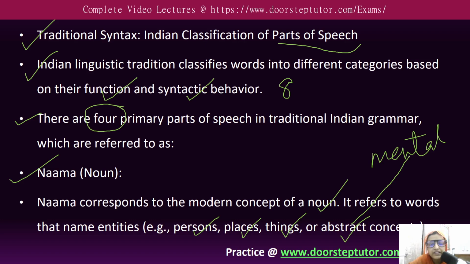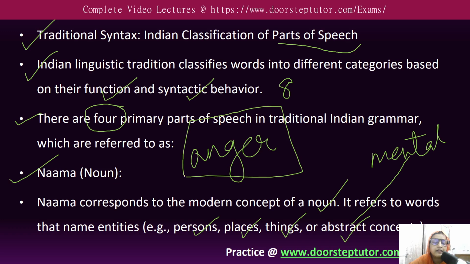Okay, so whenever we think of such concepts, we have a name for these concepts. For example, anger. If you are not exhibiting acts of anger, acts of violence, yet you are angry, there is a term for it which is known as anger. Now, what do you think is the meaning of anger? Is it physical or is it non-physical?